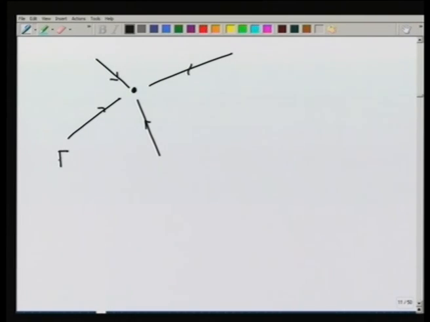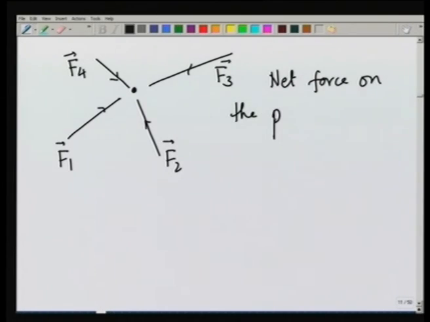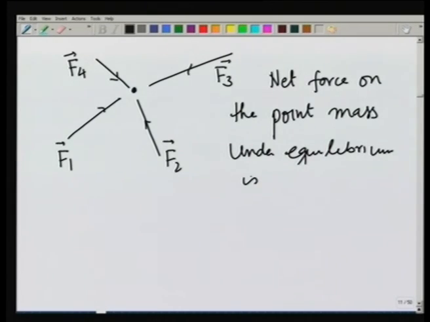So, this could be F1, this could be F2, this could be F3, and this could be F4. If the body does not move and its acceleration is 0, that means the net force on the point mass under equilibrium is 0.